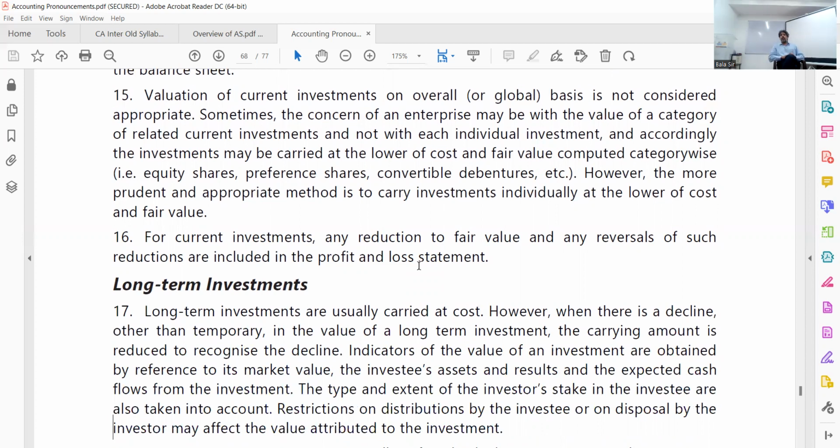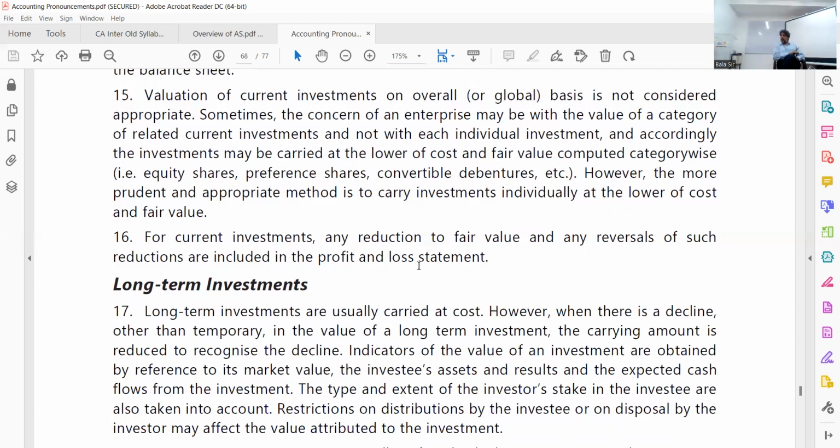What is the entry for the 5 rupee increase? Investment account debit 5, to profit and loss 5. Understood? It's as simple as that. Any reduction or reversal in fair value will be taken to which account? Profit and loss account. That's what they meant.